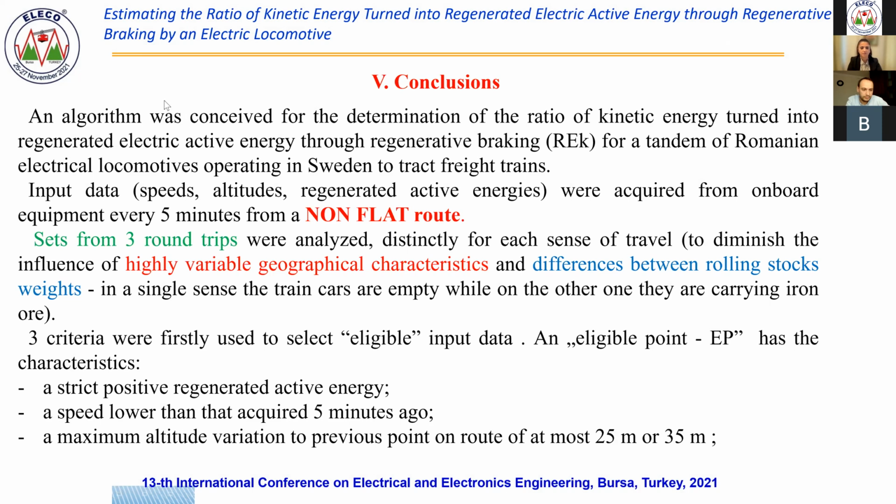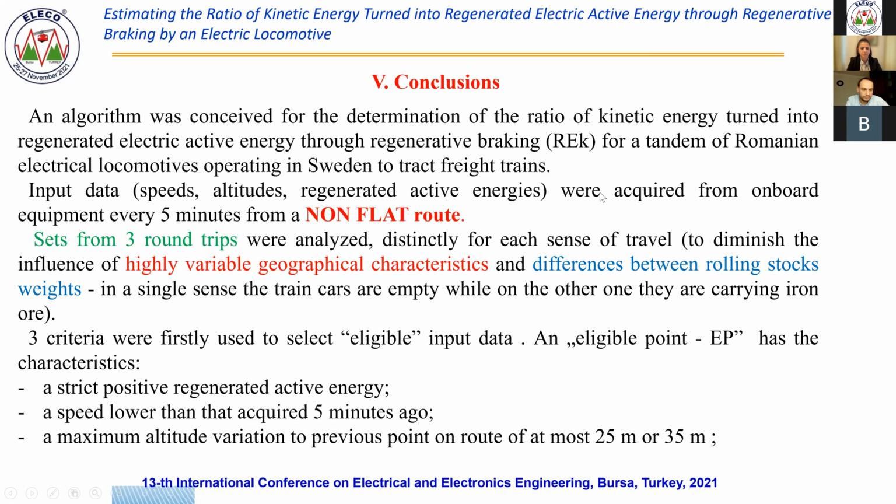So we could draw the conclusion that an algorithm was conceived for the determination of the ratio of kinetic energy turned into regenerated electric active energy by using regenerative braking on real operating regimes.